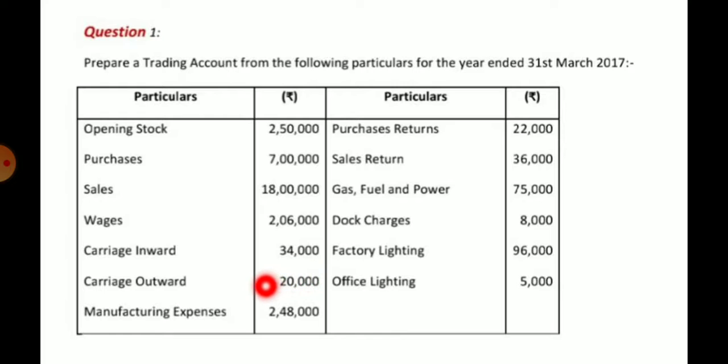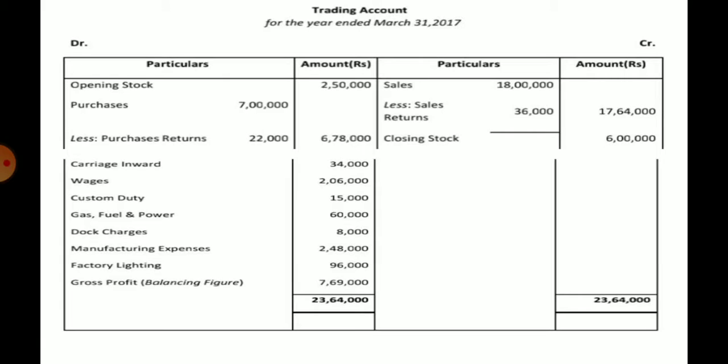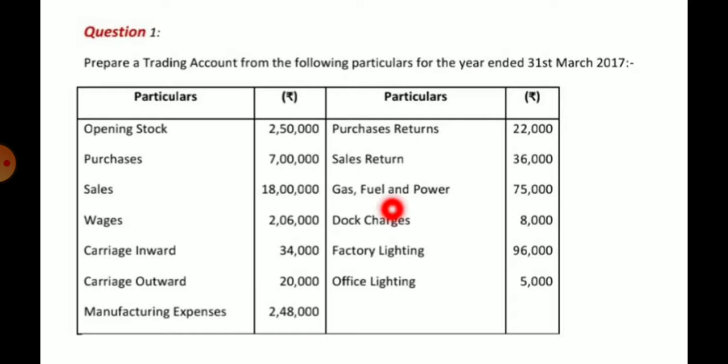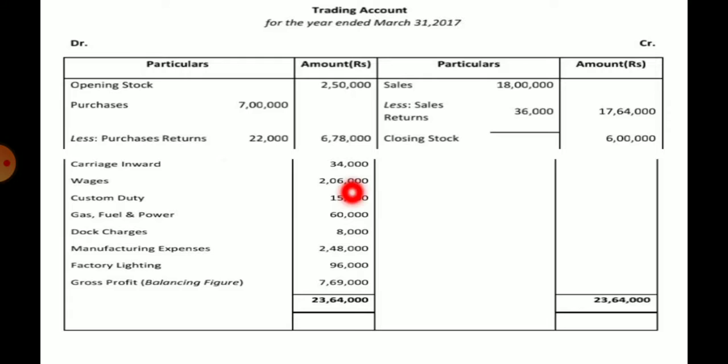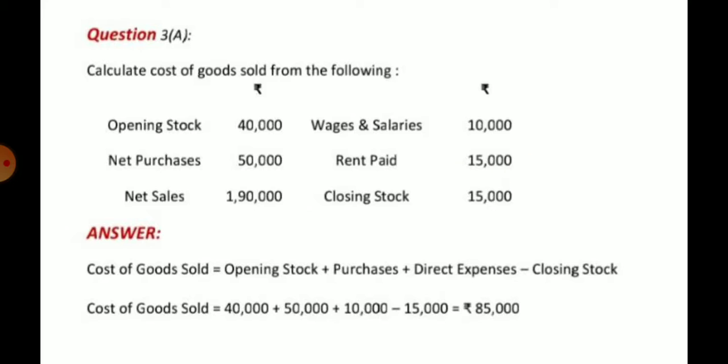Manufacturing expenses are also transferred to the debit side of the trading account, because this is an expense and expenses are always debited. Sales return and purchase return are given, so purchase return will be deducted from the value of purchase, and 6,78,000 will be the real purchase.